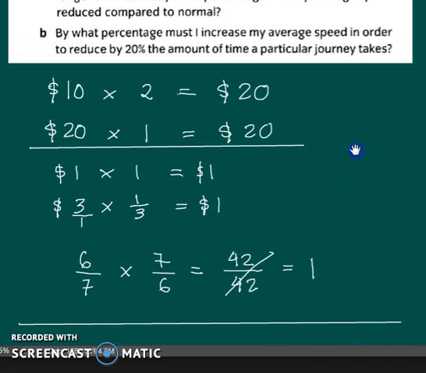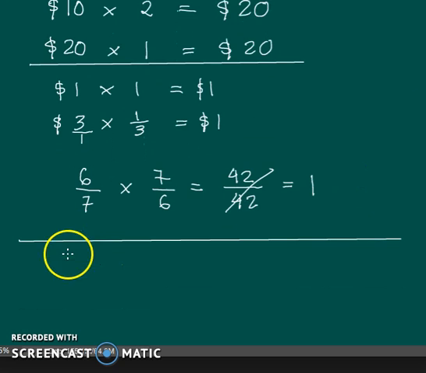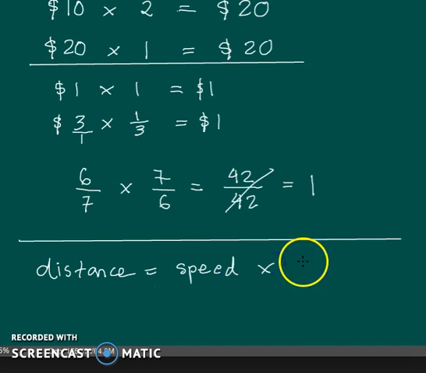Okay, so let's start with a question. First of all, how do we define the relationship between distance, speed, and time? We say distance is equal to speed times time.